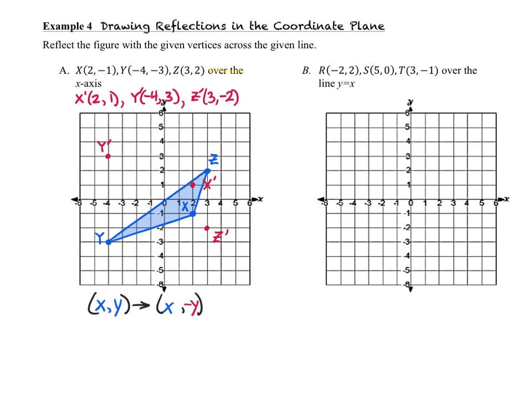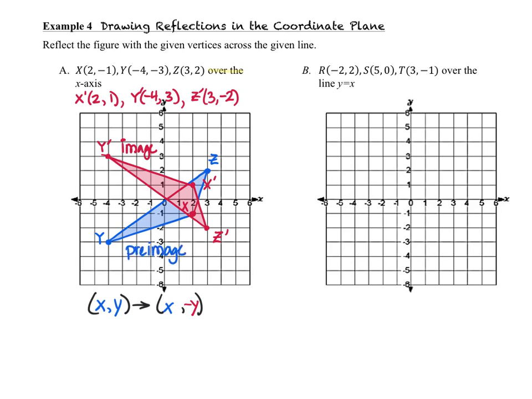And now we're going to draw the segments between these points, connect those points together so that we can actually see the triangle that we have reflected across the x-axis. I'm also going to label the red one as our image, and the blue one, the one that we started out with, was our pre-image.